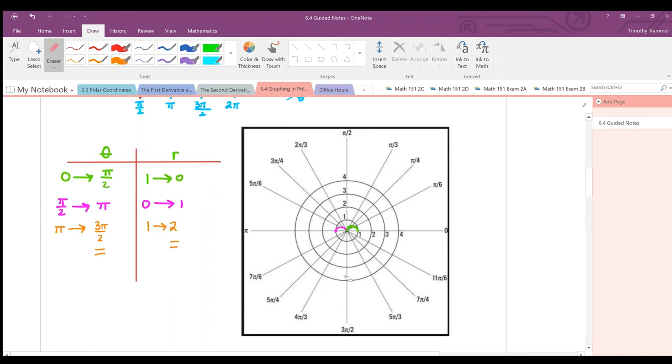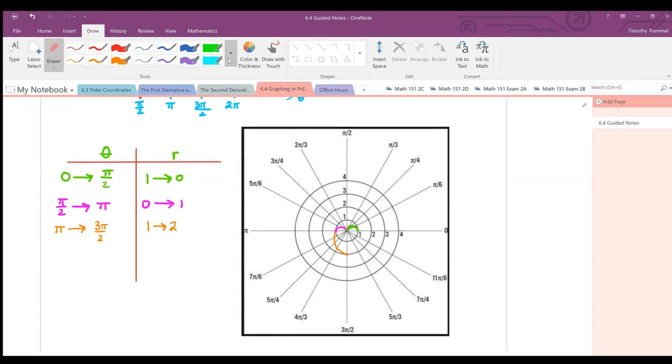And when we're on the negative y-axis, r needs to equal 2. So I'll go out to the circle of radius 2. And again, we want to connect these with a smooth curve. And we should never be less than r equals 1 or more than r equals 2. And I'm getting this from looking at this here. So 1 to 2. Okay, so maybe it looks something like that.